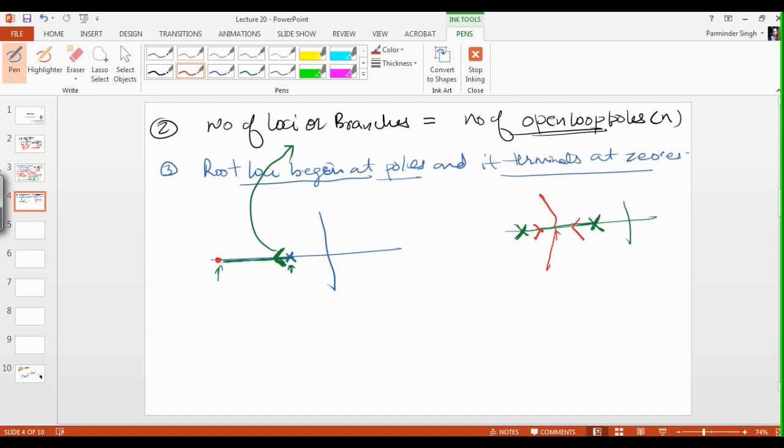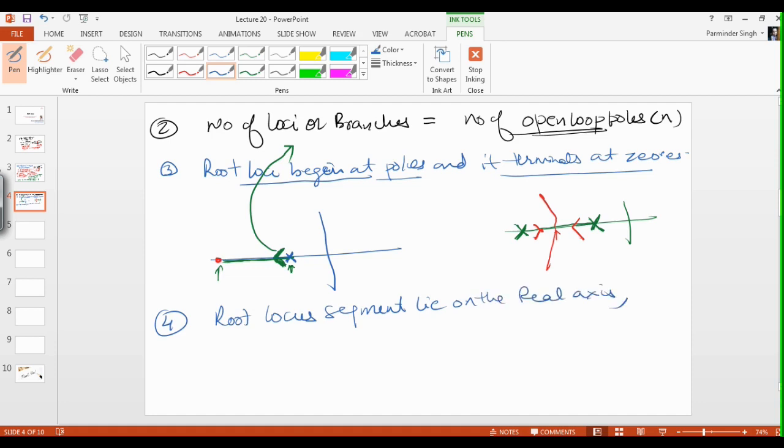That's your rule number 3. Rule number 3 says root loci begin at poles and terminate at zeros. The fourth rule is, this is a very important rule. The fourth rule says root locus segments lie on the real axis.